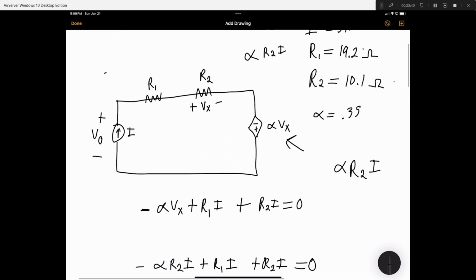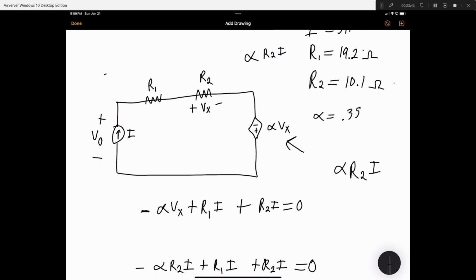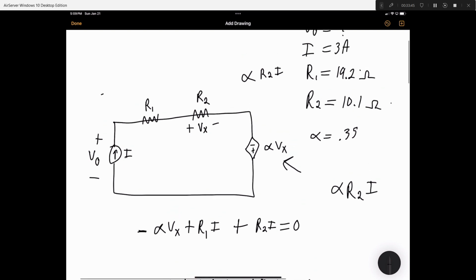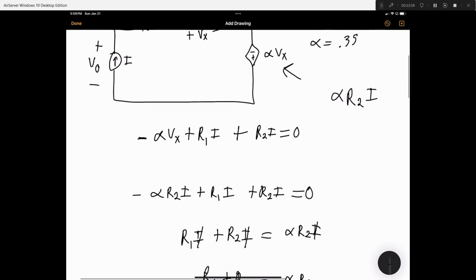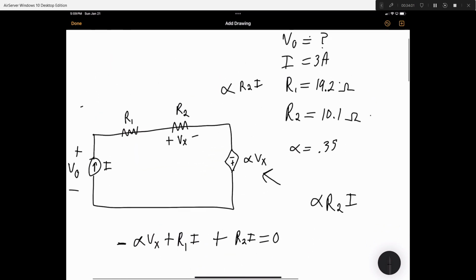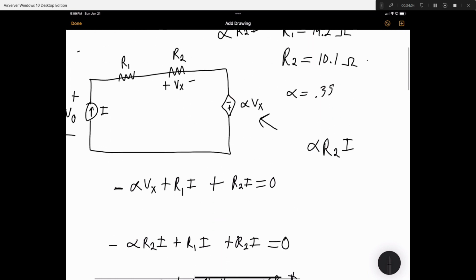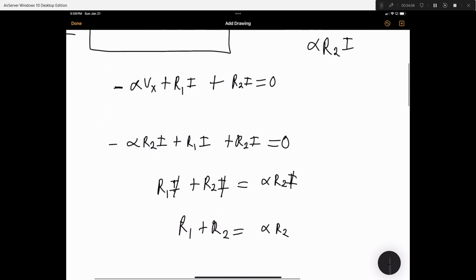So R2 is equal to 10.1 times 0.35. Oh, we know the currents aren't the same everywhere. Can't do this.